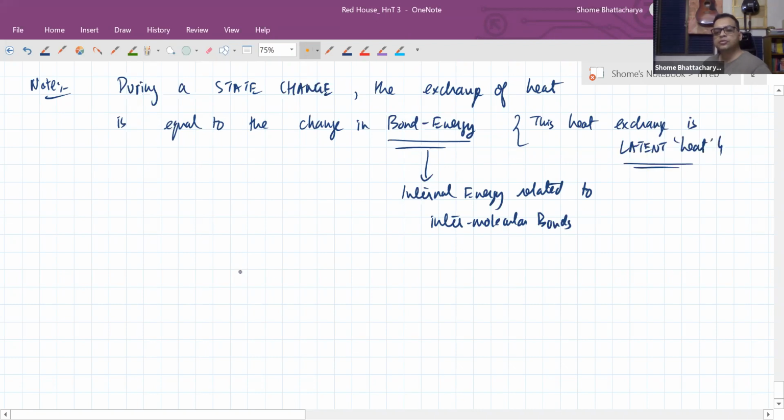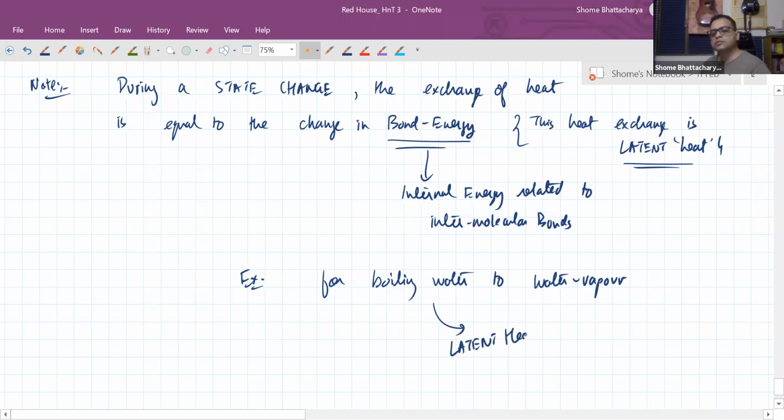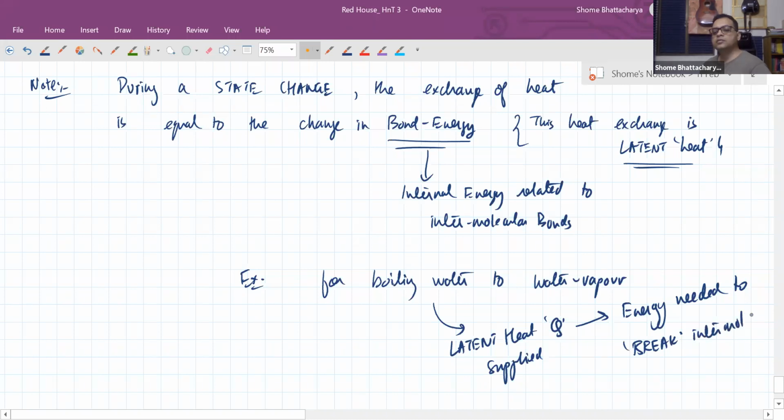Okay. So for example, for boiling water to water vapor, okay, the latent heat supplied will be equal to the energy needed to completely break the intermolecular bonds in water.